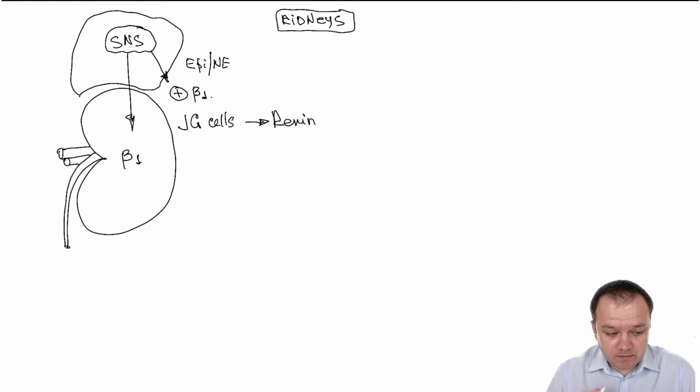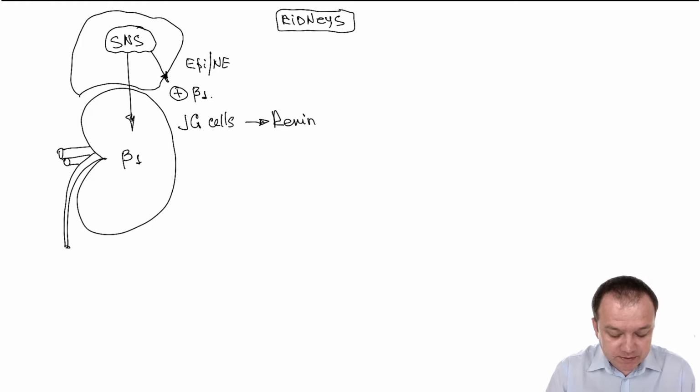So in response to renin release, we have activation of the renin-angiotensin-aldosterone system, and as a result, we have a rise in blood pressure, we have vasoconstriction, and we have fluid retention, and this causes expansion in blood volume.